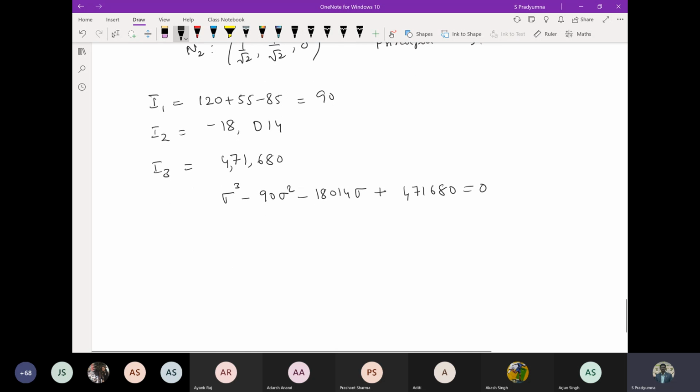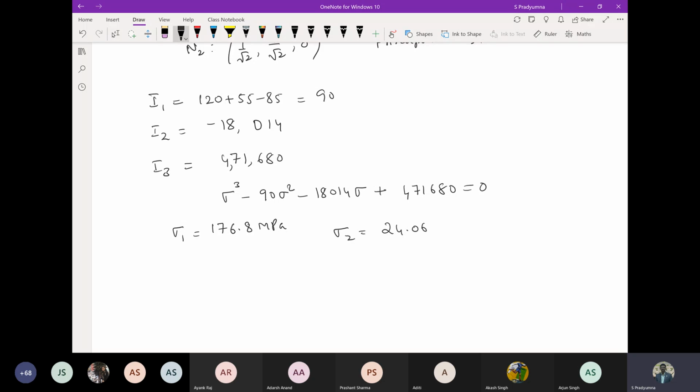So this is the equation we should solve. We get sigma 1 is equal to 176.8 megapascal, sigma 2 is equal to 24.06 megapascal, and sigma 3 is equal to minus 110.86 megapascal.